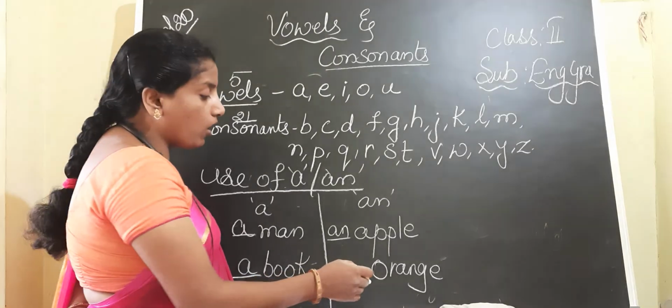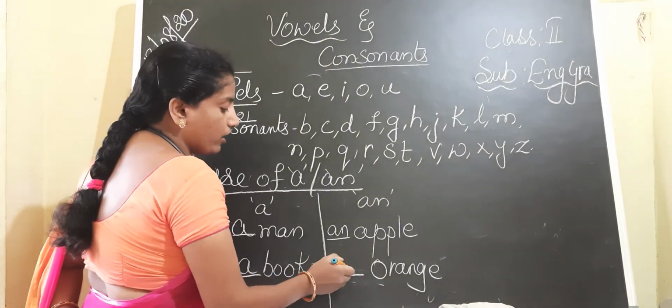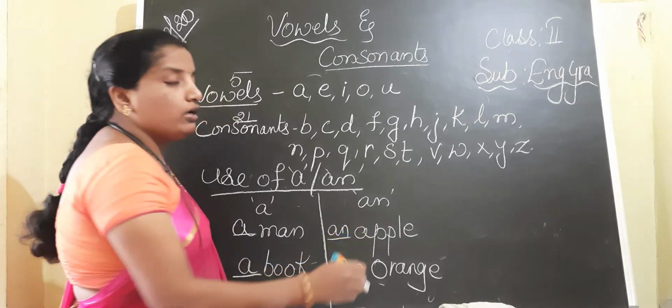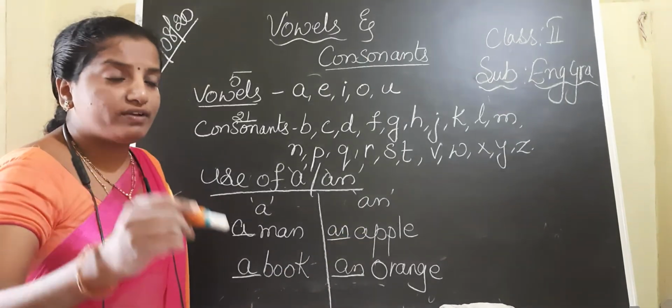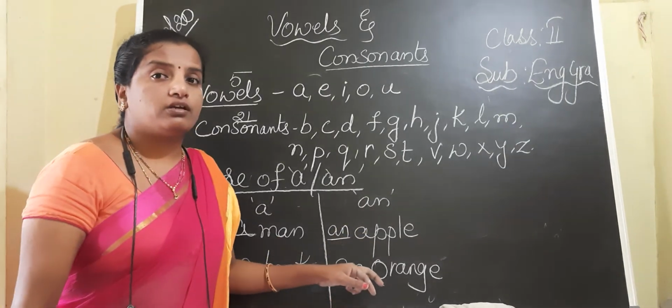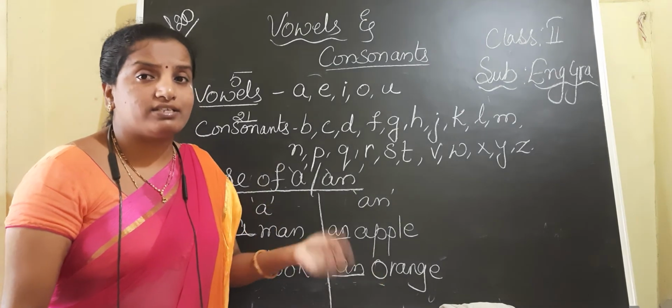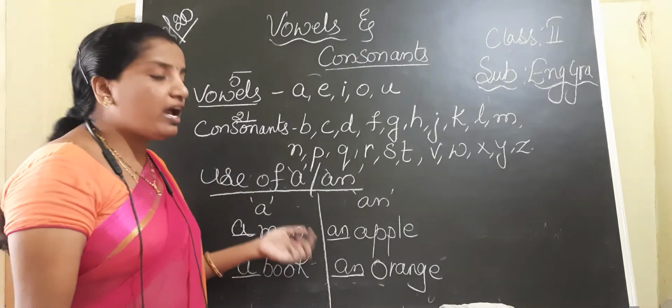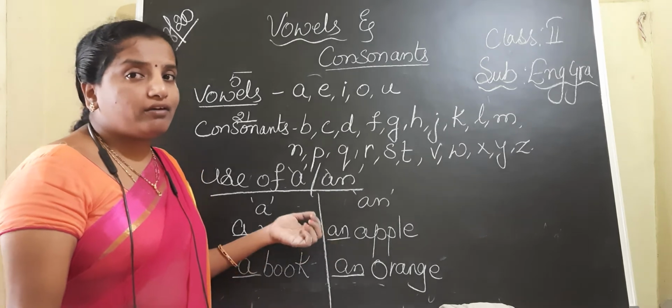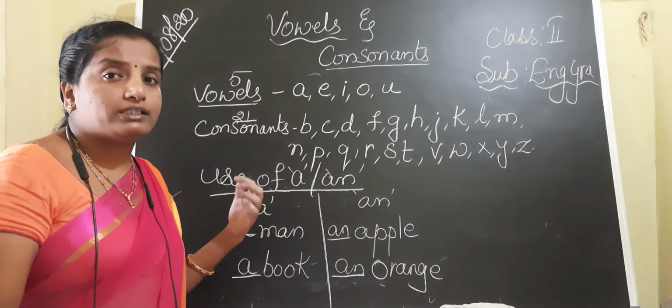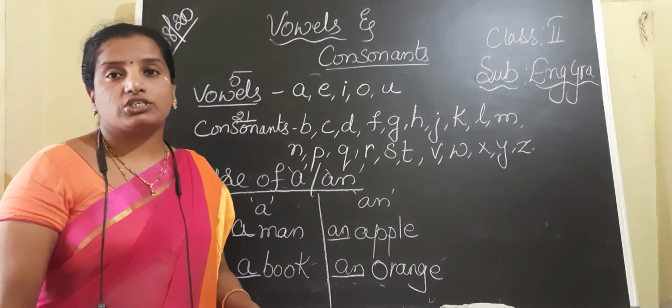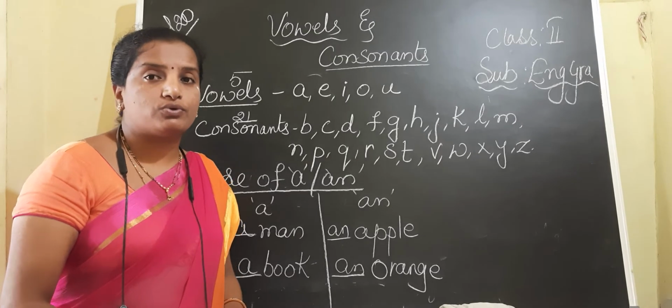Orange, vowel sound, AN. So before words that give a vowel sound, we use AN. And before words which start with a consonant sound, we use A.